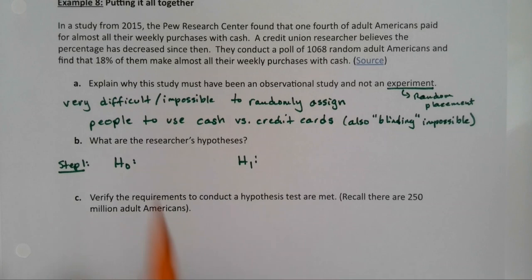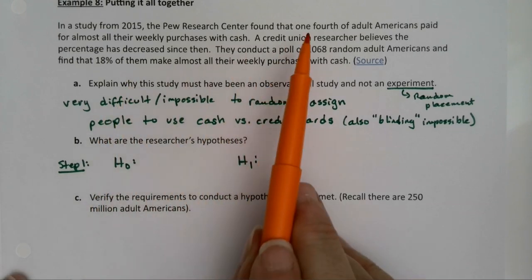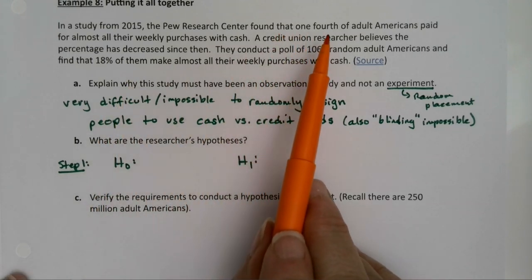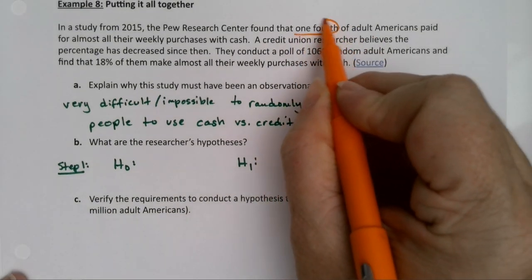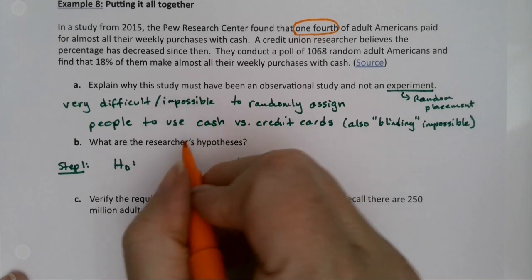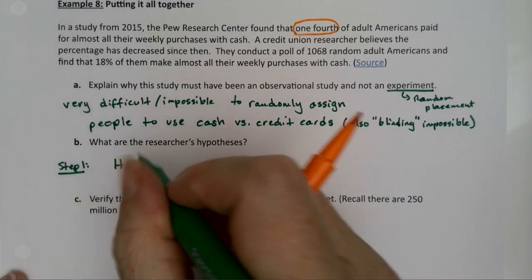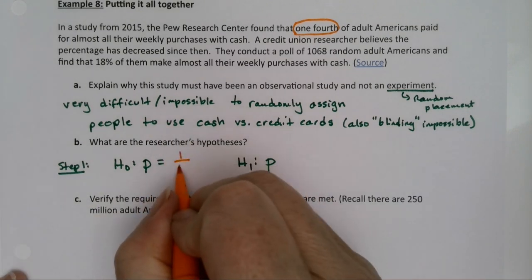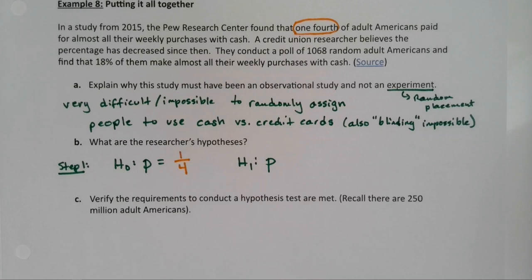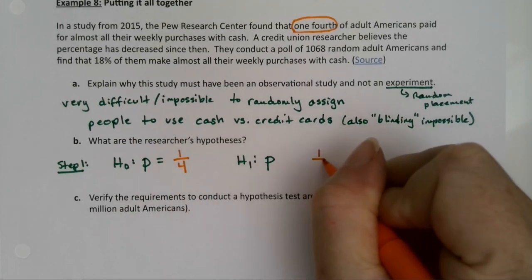So in 2015, the Pew Research Center found that 1/4 of adults pay, that's a proportion right here. We assume that it's 1/4. So we assume that p is equal to 1/4 unless we can prove it otherwise.